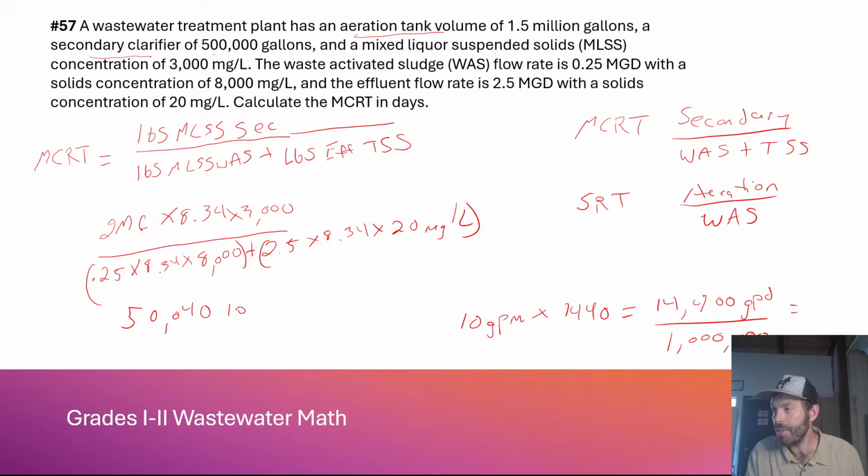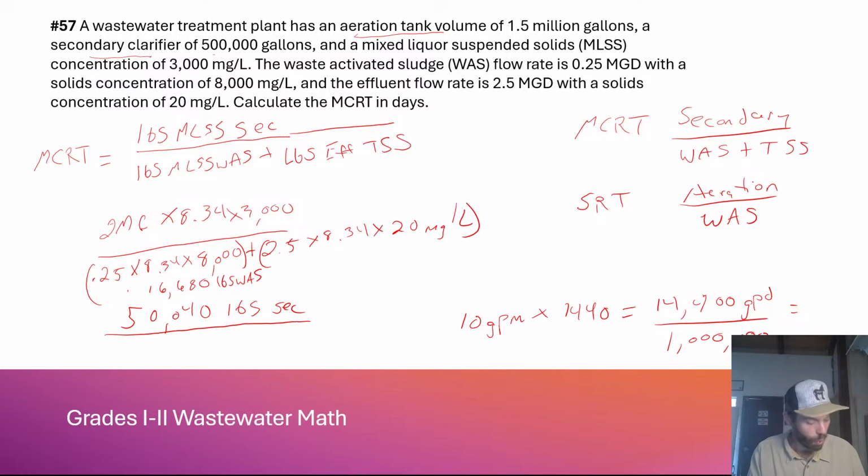Pounds in the secondary, sorry, aeration, divided by this right here, which is going to be 16,680. I'm running out of room, so I'm just going to write this underneath the parentheses, pounds in the WAS. 0.25 times 8.34 times 8,000 is 16,680. 2.5 times 8.34 times 20 is 417.